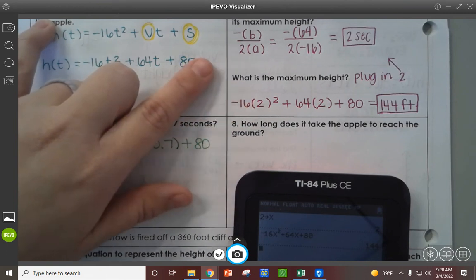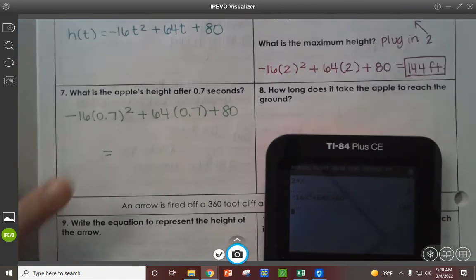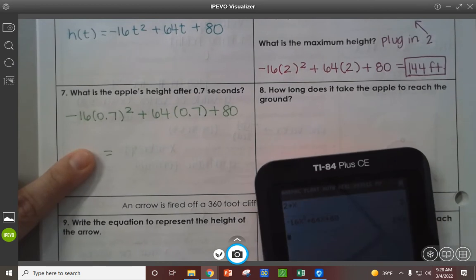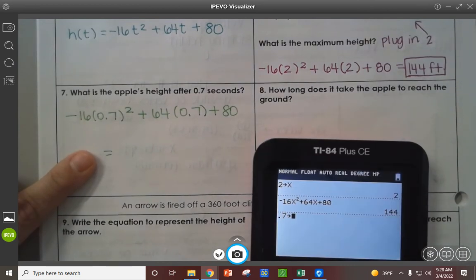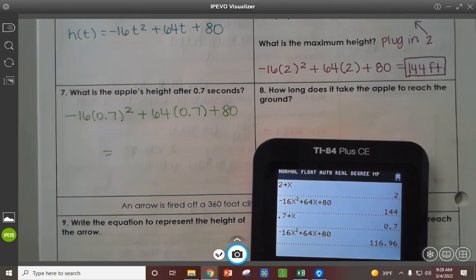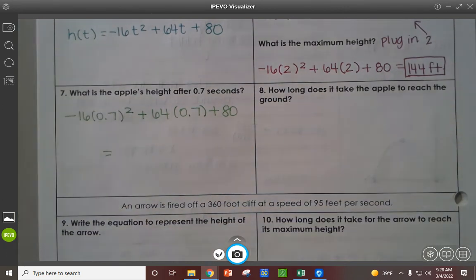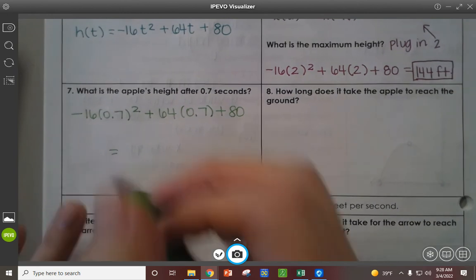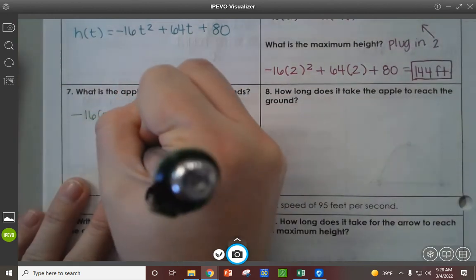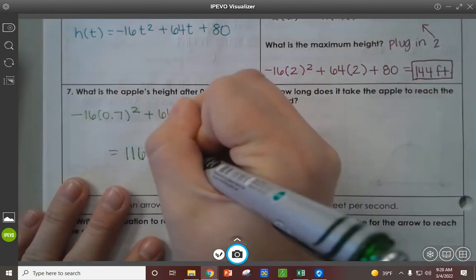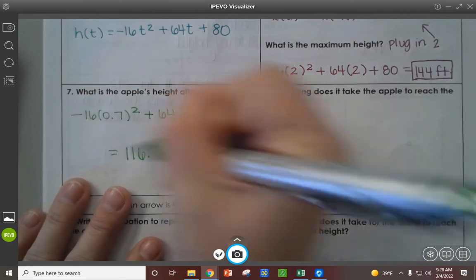This one, I want to know where it's at 0.7 seconds. And it is only at 116.96 feet.